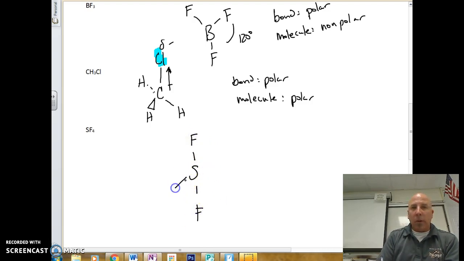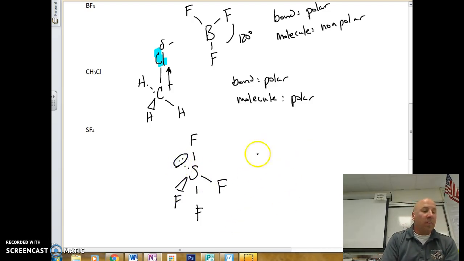And then on our equatorial, we're going to have a fluorine here and a fluorine there. And then kind of going back here, we're going to have an unshared pair of electrons on our central sulfur. This gives rise to a seesaw shape. We remember our molecular geometry of 4 and 1, for bonds and unshared pairs of electrons.